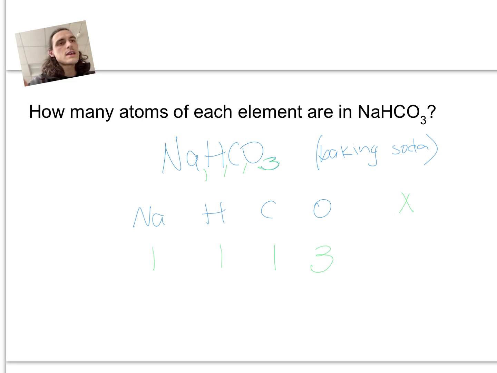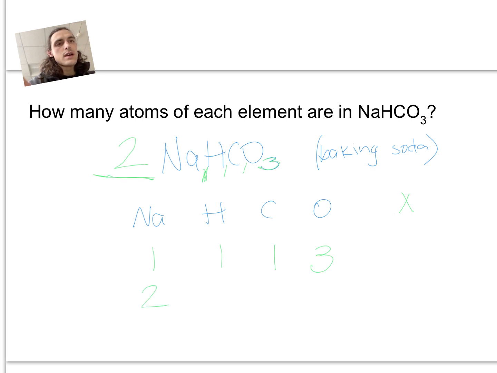So this is how we decide how many atoms there are for each element. Just so that you know this as well, in front of here we could enter a specific number. We're going to call this the coefficient. Let's say that I put a 2 here. That 2 is now going to multiply all the way down the line. So now I have 2 sodiums, 2 times my 1.